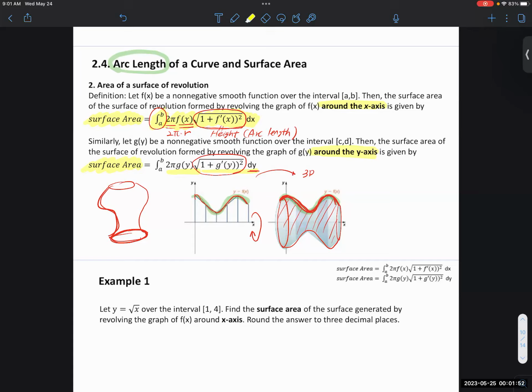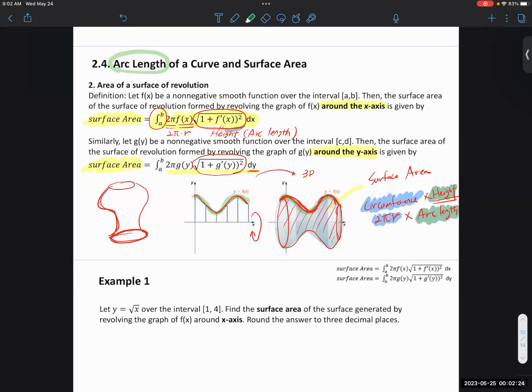So surface area is circumference times height. The circumference is 2 pi r, and the height is your arc length. Am I right? So this is the circumference 2 pi r times the height, which is the arc length.